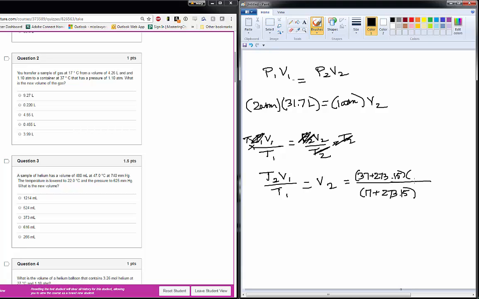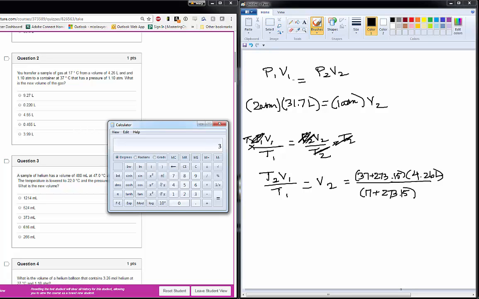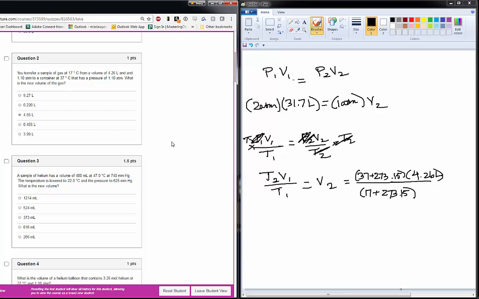And my initial volume was 4.26 liters. Plug that in. I get a new volume of 4.55 liters, right there.